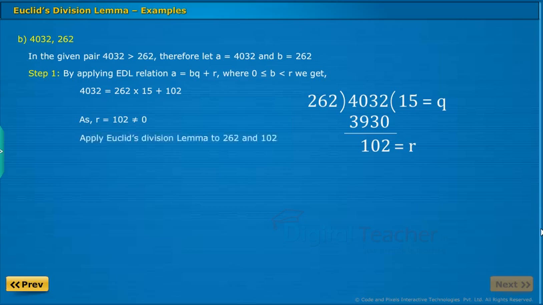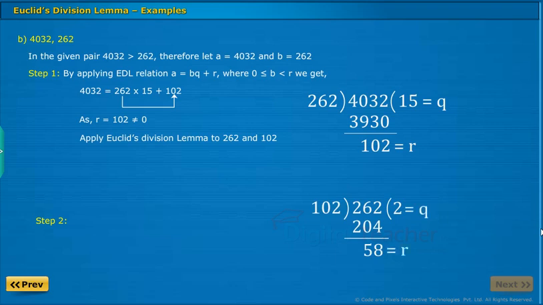Now apply Euclid's division lemma to 262 and 102. Step 2. 262 is equal to 102 into 2 plus 58. As r is equal to 58, which is not equal to 0.